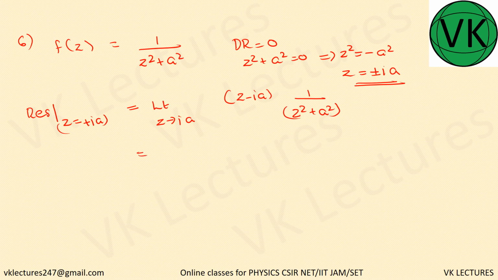That means limit z tends to ia, z minus ia into 1 by z plus ia into z minus ia. Then we got 1 by 2ia.